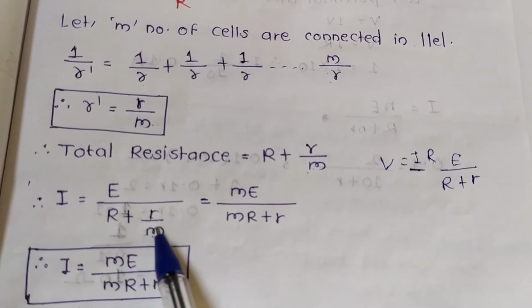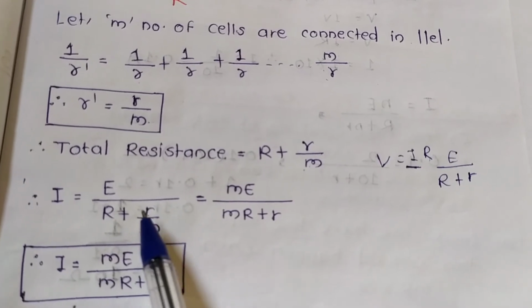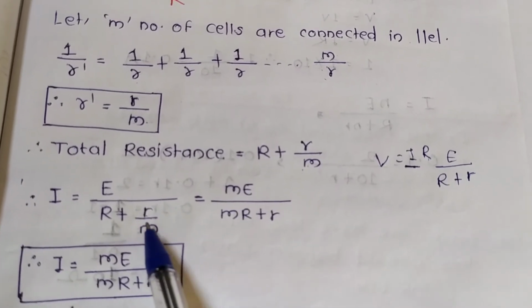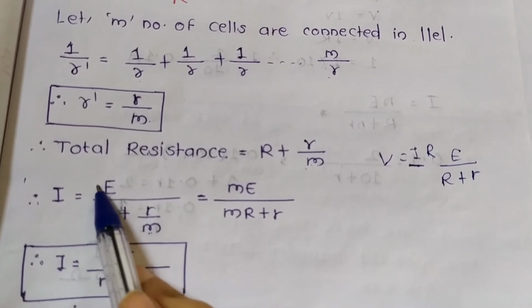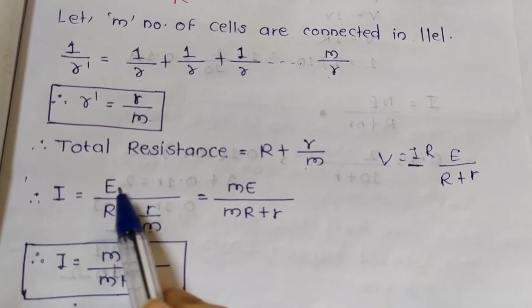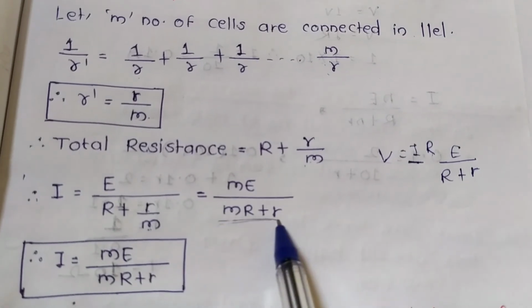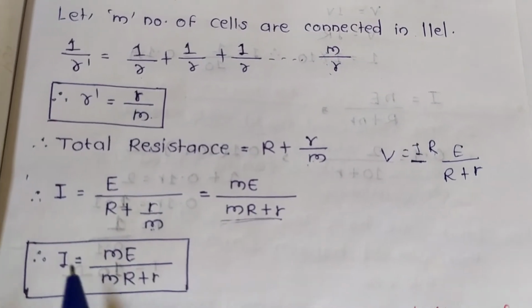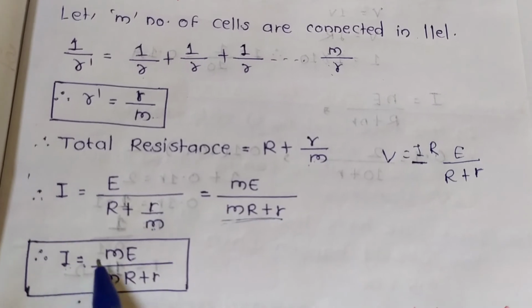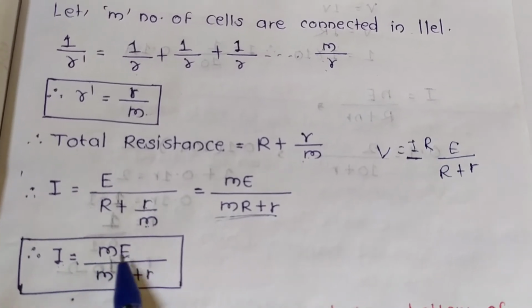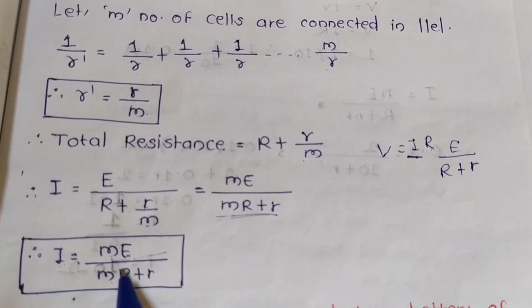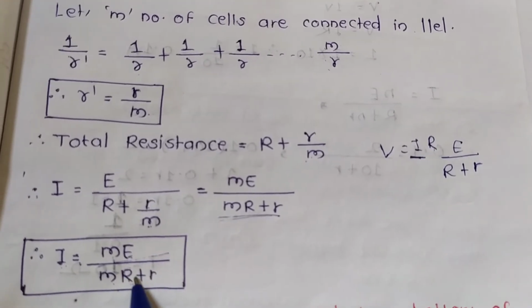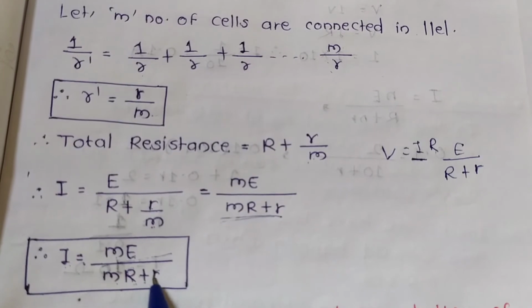Now for ease of formula, we multiply by m into r and into e. We get this final formula: I is equal to m into e divided by m into capital R plus internal resistance small r.